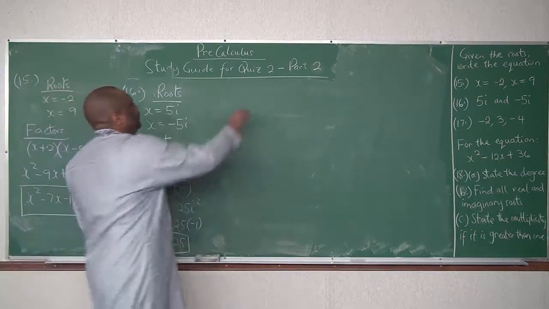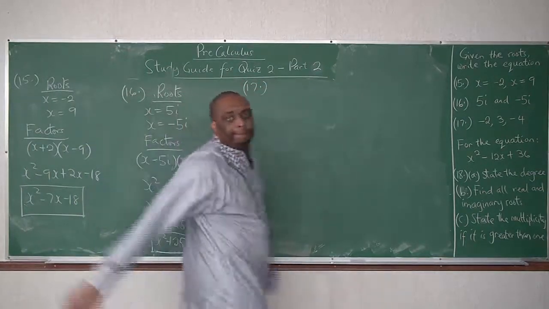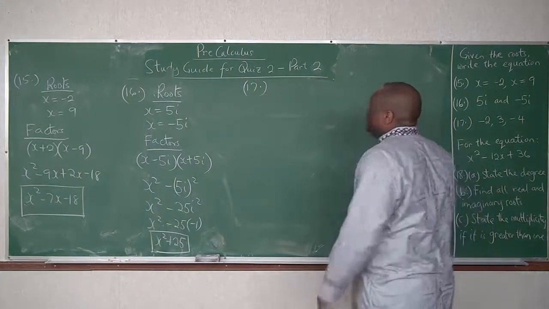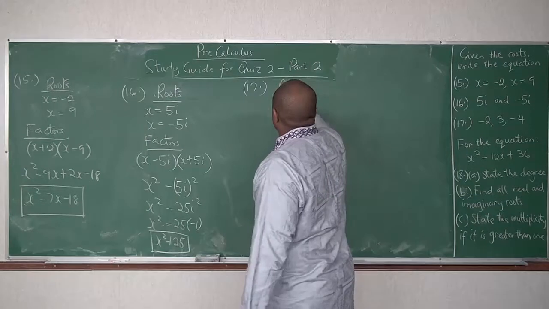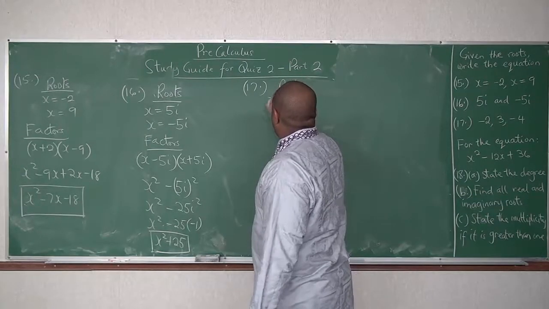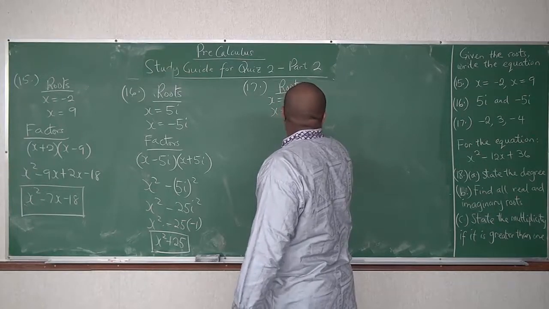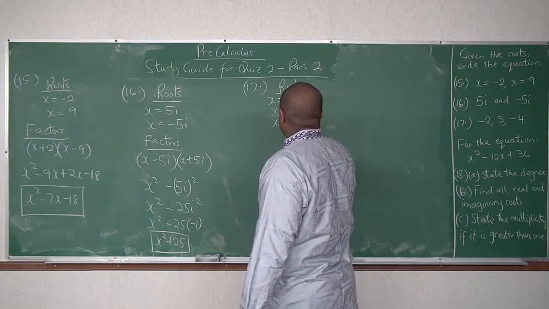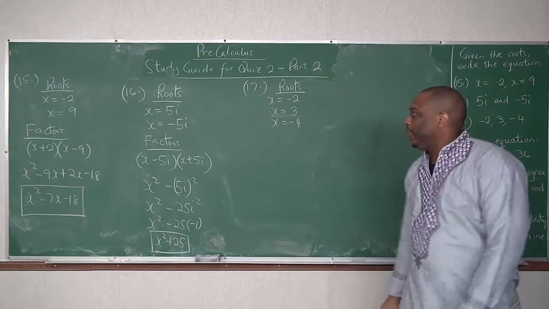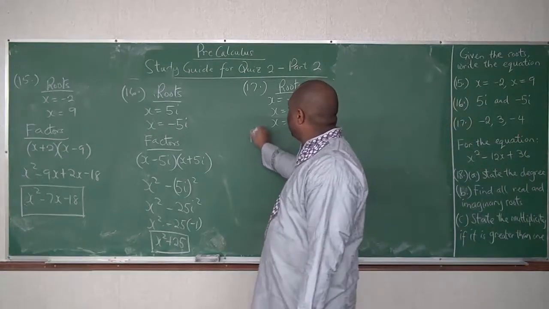Question 17. They gave you the roots: x is equal to negative 2, x is equal to 3, x is equal to negative 4. Right? What are the factors?